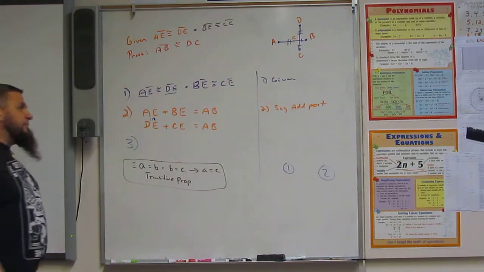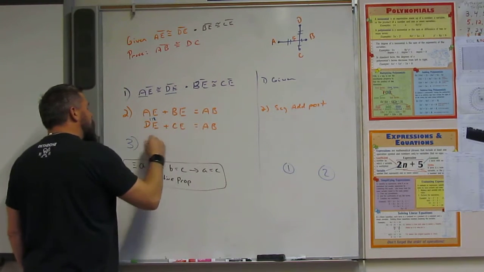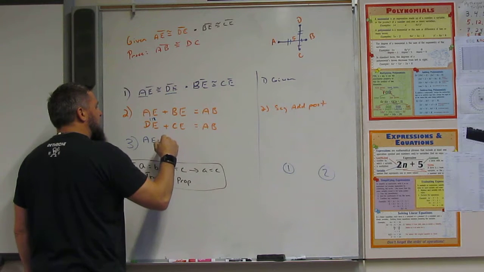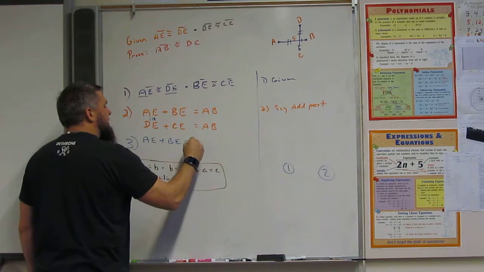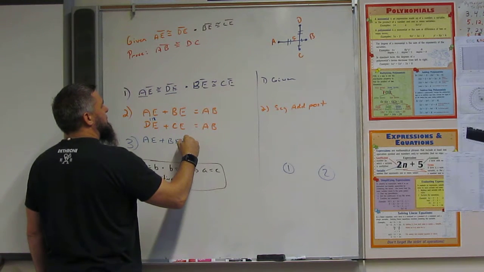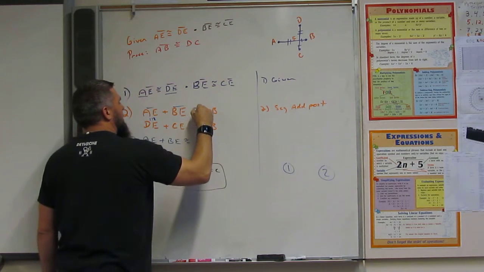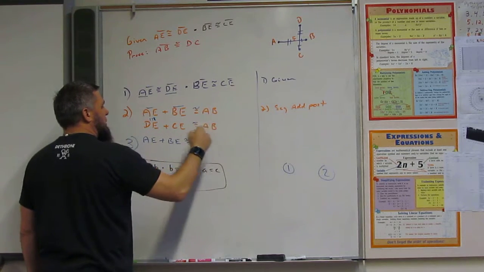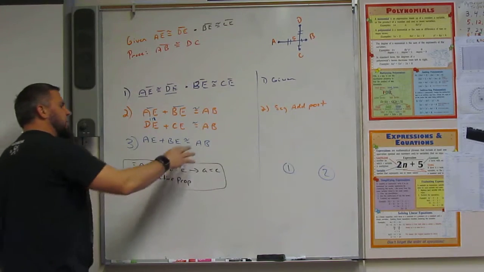If I can substitute this in for this, that means I know that AE plus BE is congruent to AB.